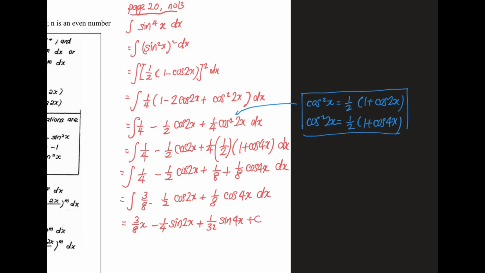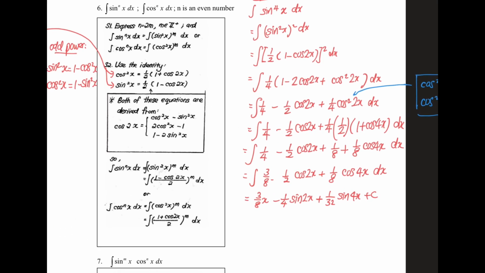So that is the final answer. Okay, so question 13, let's check first. Okay, so this answer is correct. So that is how we handle even power.